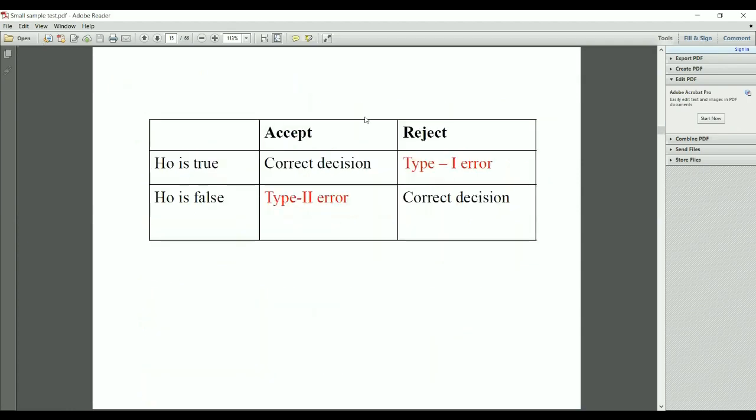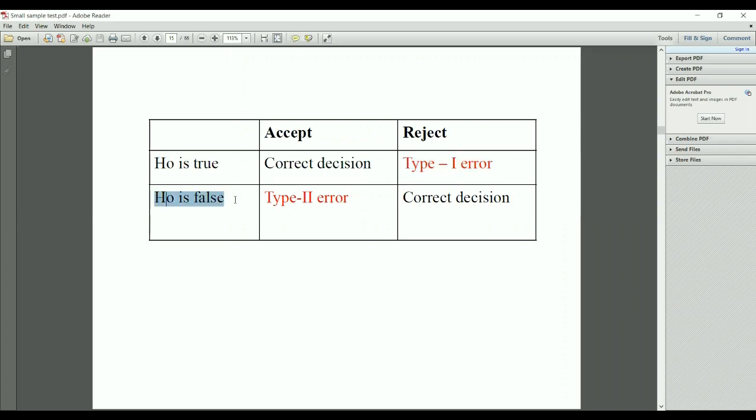If H naught is true, and the test also gives the correct answer, that is a correct decision. But if the person is true, and the test says that the person is not true, this is type 1 error. The test says the person is positive, but the result is negative. So this is type 1 error. It is a false alarm.